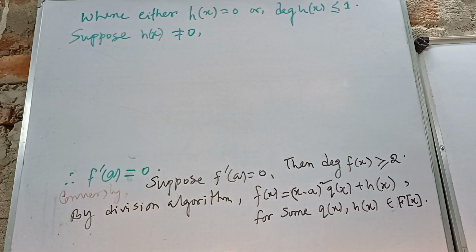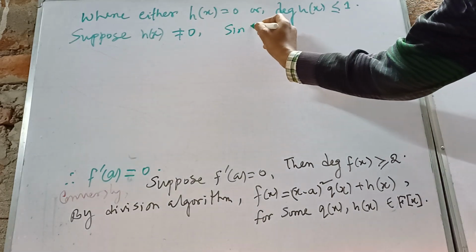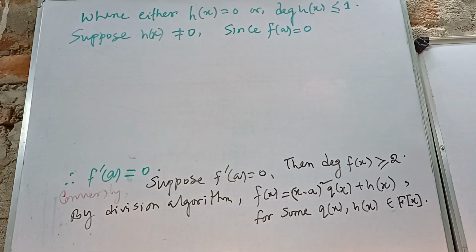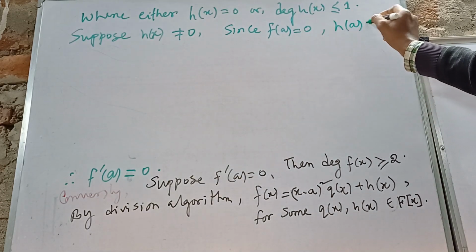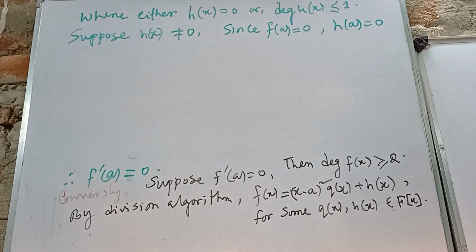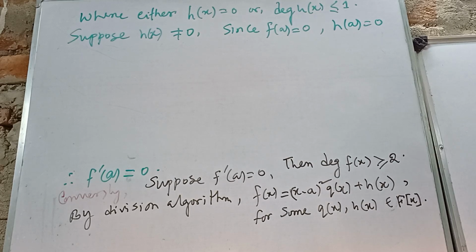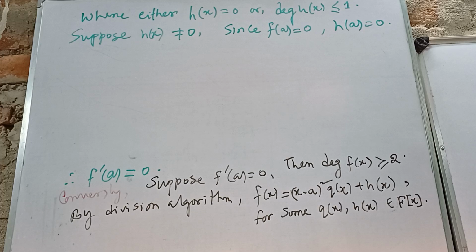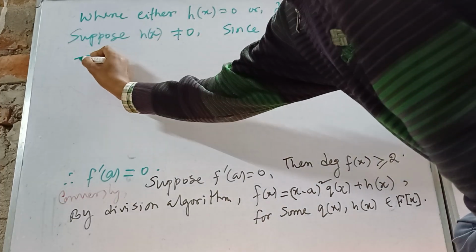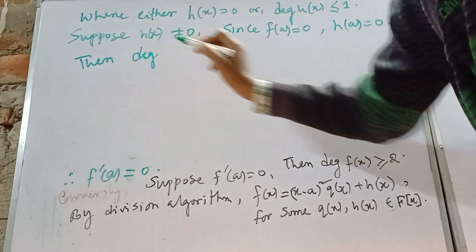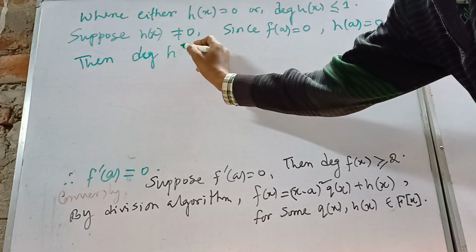Then what happened? Since f(a) equal to 0, h(a) equal to 0. That means if f(a) equal to 0, then h(a) equal to 0. Now degree of h(x) equal to 1.